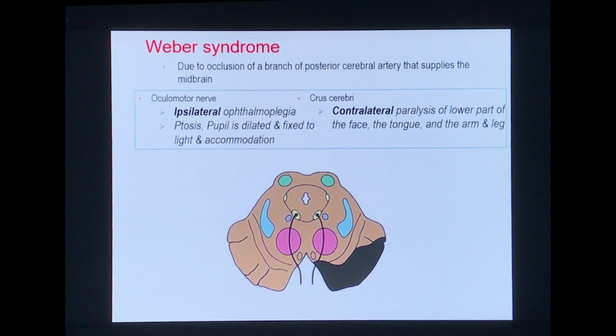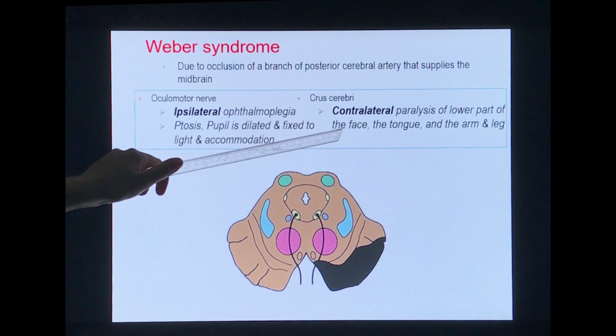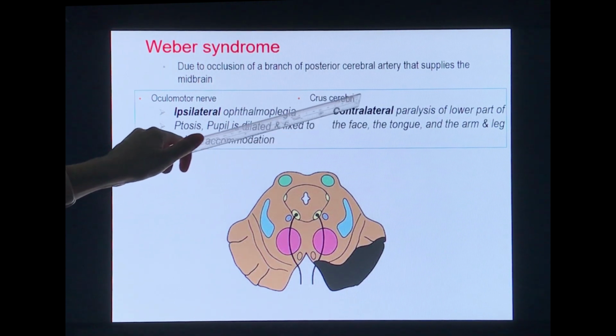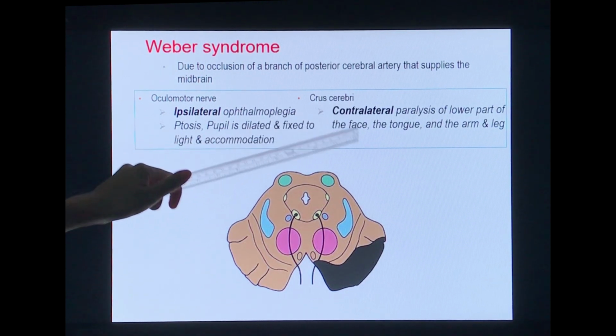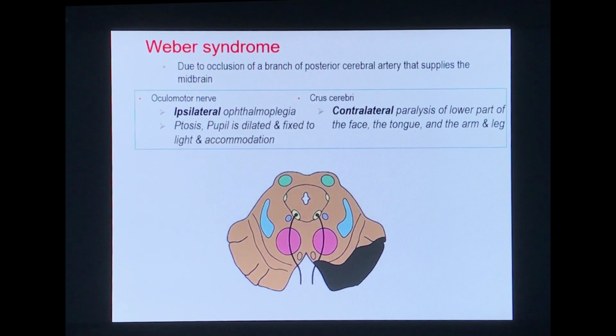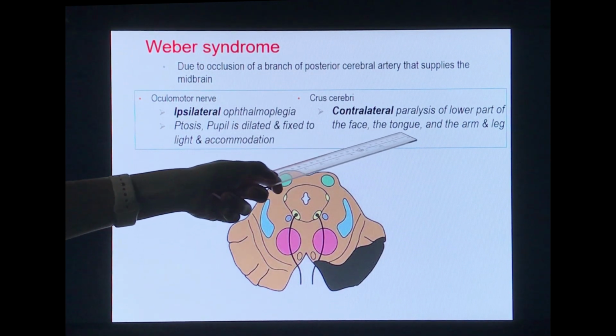So if one side of the corticonuclear fibers is damaged, there won't be any effect because it is controlled from the opposite side. But there is an exception: the facial nerve which supplies the lower part of the face doesn't get corticonuclear fibers from both sides, only from the opposite side. They don't get from the same side, and also the hypoglossal nerve.